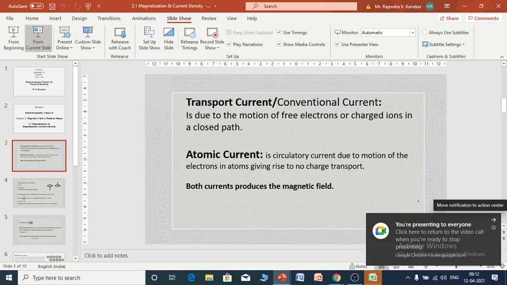This length is delta z and this is delta y, so it is delta y into delta z. So this is what we have written. We have used the definition of magnetic moment, current into area, and the area of this is delta y into delta z.